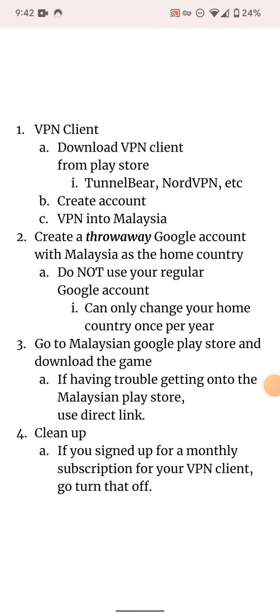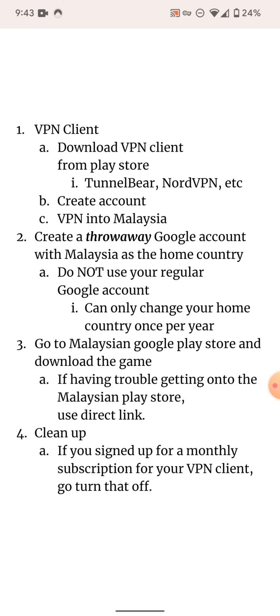All right, so we've downloaded our VPN client, we've created an account, and we have VPN'd into Malaysia. So the next thing we need to do is create a throwaway Google account with Malaysia set as its home country. And the easiest way to do that is to be VPN'd into Malaysia already, and then when you create that throwaway Google account, it will automatically set Malaysia as the home country.